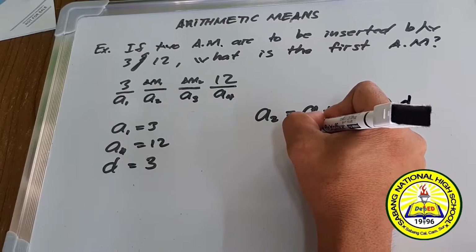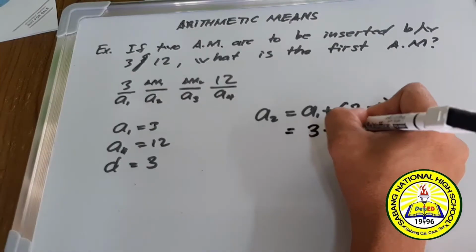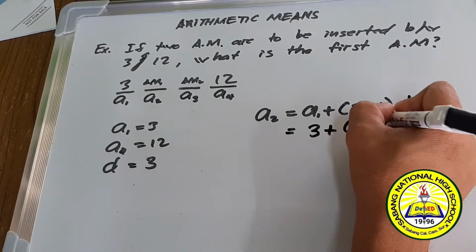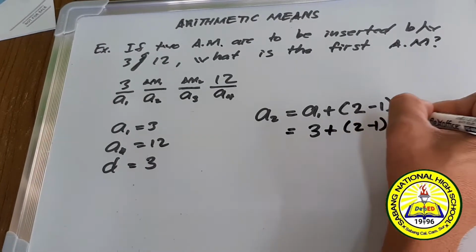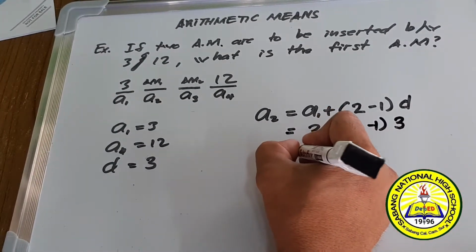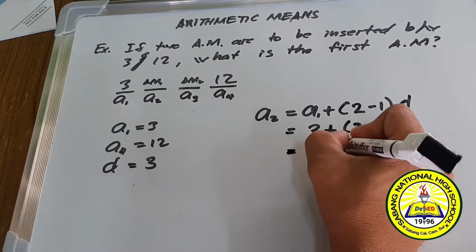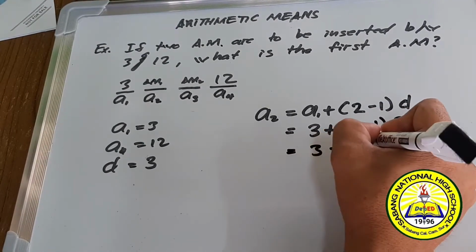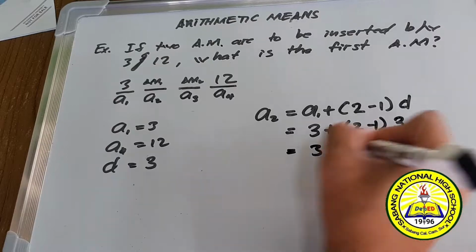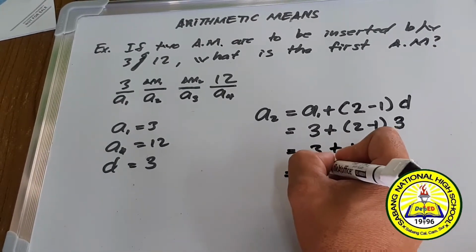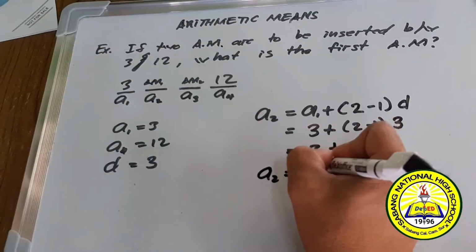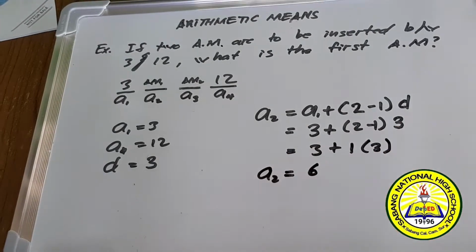Given a sub 1 is 3 plus 2 minus 1 times our computed value of d, which is 3. So we have 3 plus 1 times 3. That is, a sub 2 is 6.